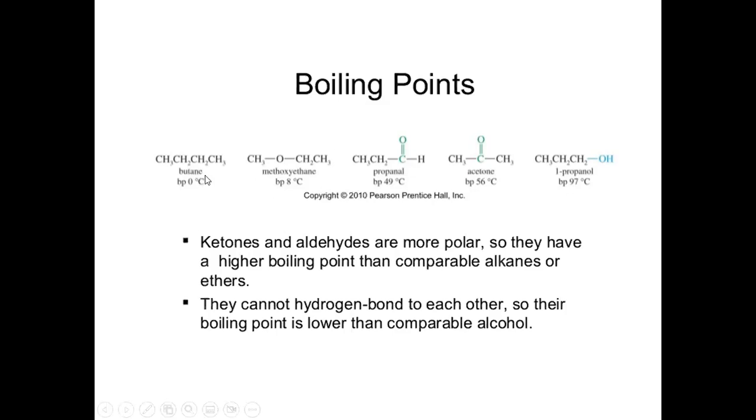Butane is 0 degrees, and then methoxyethane is around 8 degrees Celsius. Then propanal, boiling point is 49, and then increased to acetone 56, and lastly 1-propanol is around 97 degrees. So it's almost like water, almost 100 degrees Celsius.